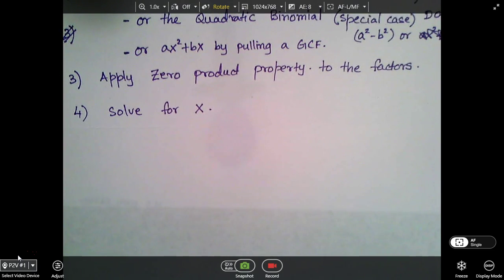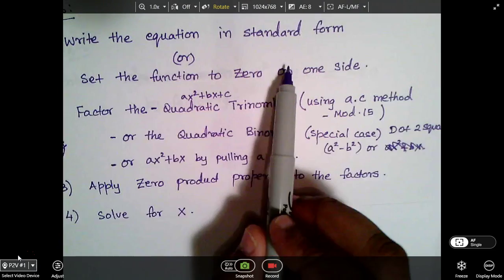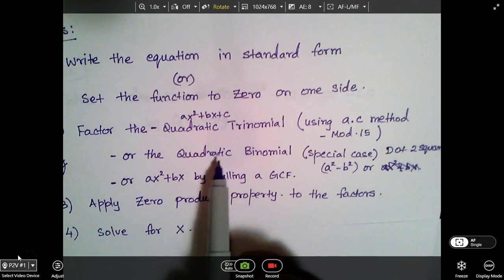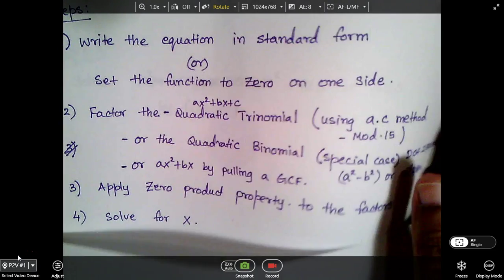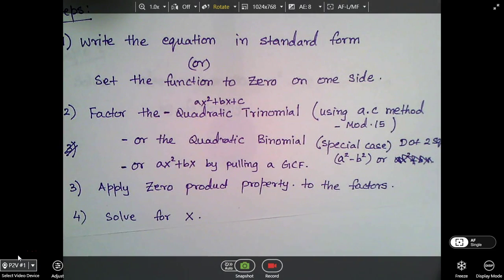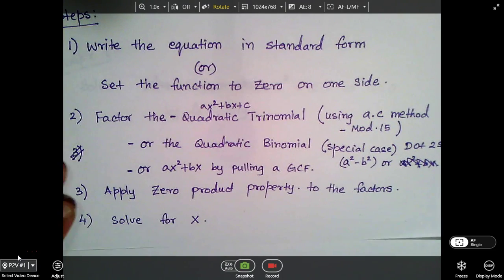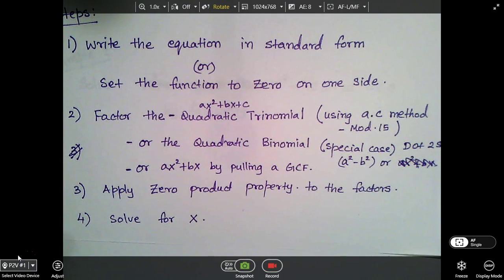So: put it in standard form, factor your trinomial or binomial, apply the zero product property to the factors, and solve for x. These are the steps involved in solving the quadratic equation by the factoring method.